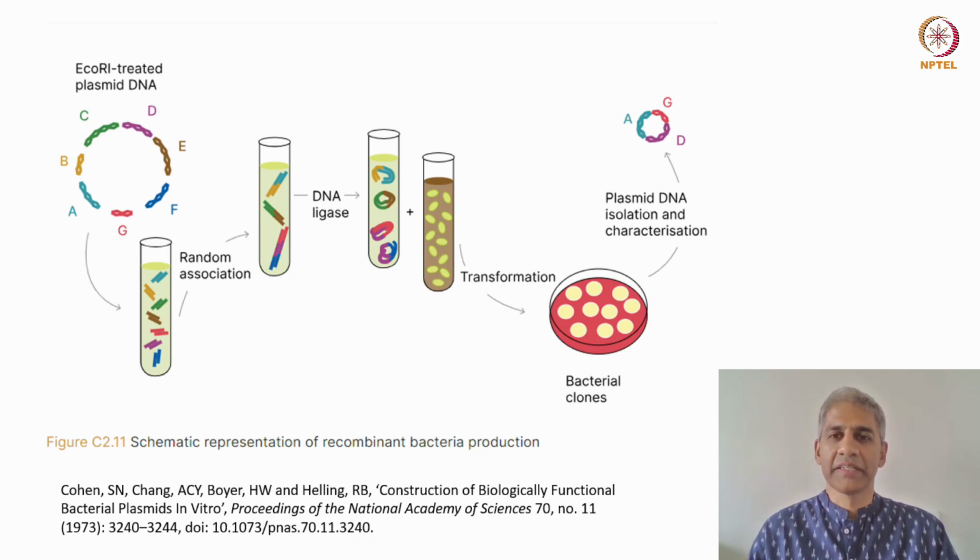Again, this experiment benefited from two techniques. One was a heat shock technique, which had been published, which allowed for the uptake of DNA molecules into bacteria. The other was the development of gel electrophoresis, which allowed you to separate DNA molecules by size and look at them on a gel.